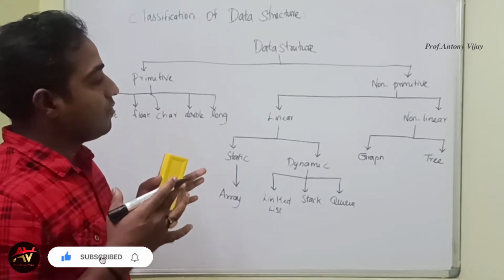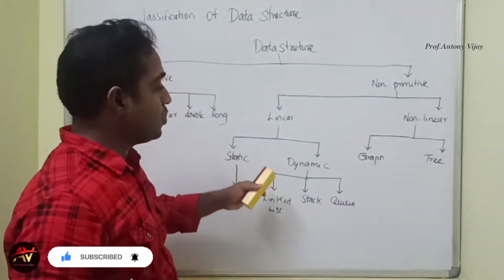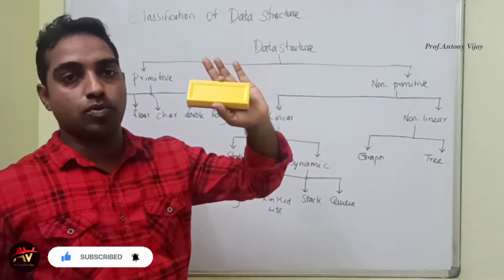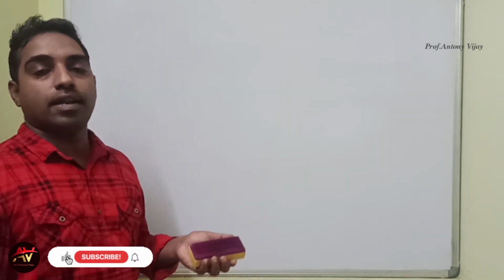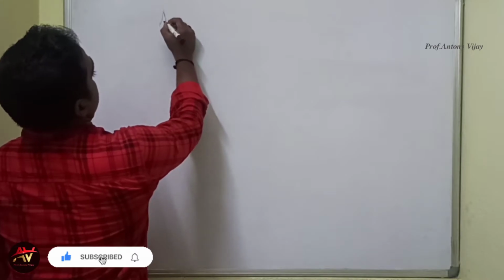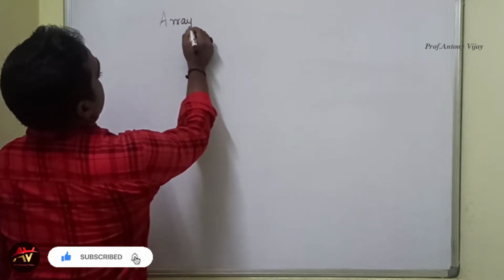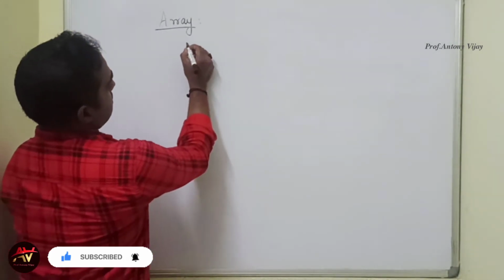So here we will be discussing about the basics of non-primitive data structures. Let's see about one by one. Now we will start with the array concept. Array is a collection of similar elements.